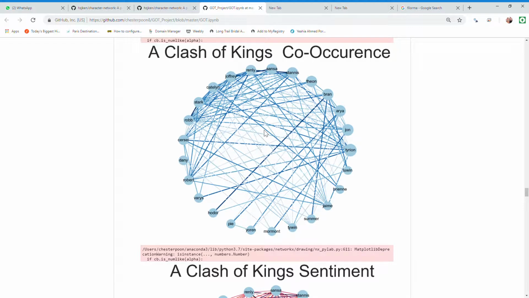Now Bran and Hodor have a very strong connection. Anybody who's watched the TV show, once again, knows that Hodor and Bran have a very intimate relationship with each other. Pi, who we described before, is one of Arya's good friends, and as you can see, Pi and Arya match up a lot. Jon matches up with Tyrion, who matches up with several people.